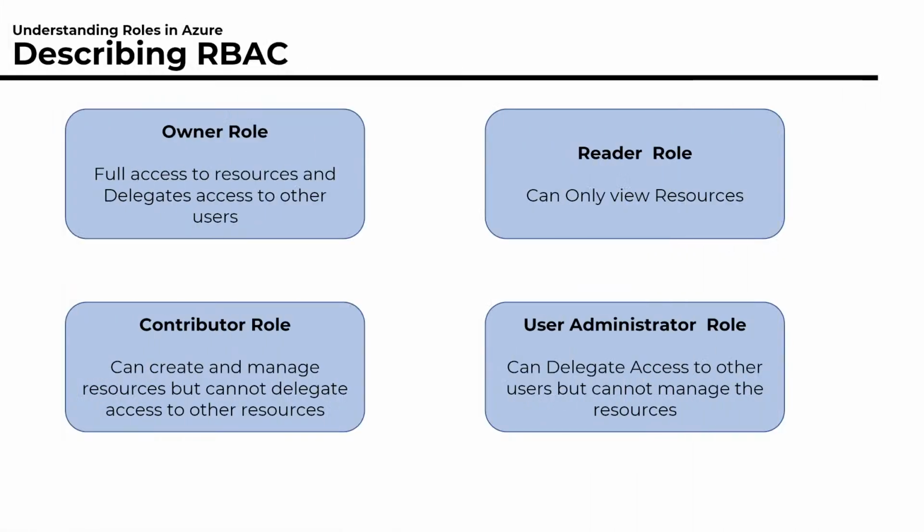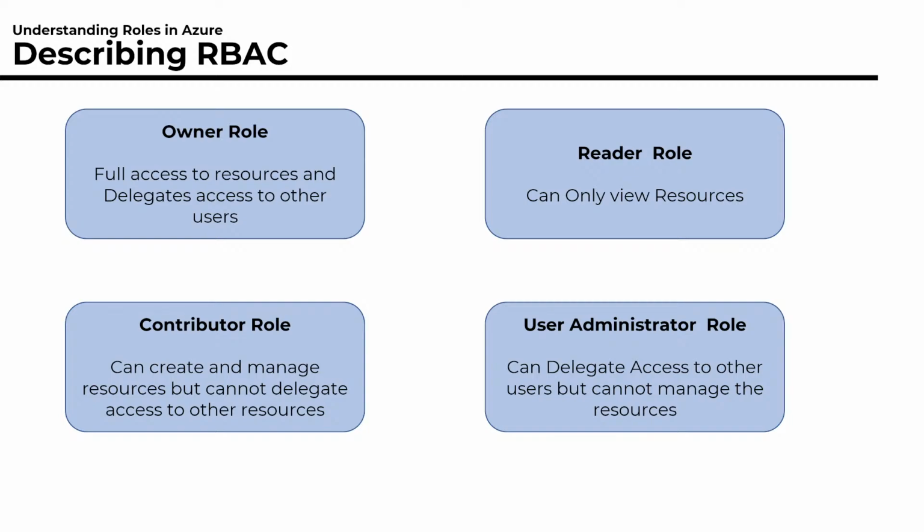So what are the different types of roles that we have? In Azure we have multiple roles to use for RBAC, role based access control. The first thing we have is the owner role. Owner role is nothing but the owner of that particular resource, subscription, or resource group.